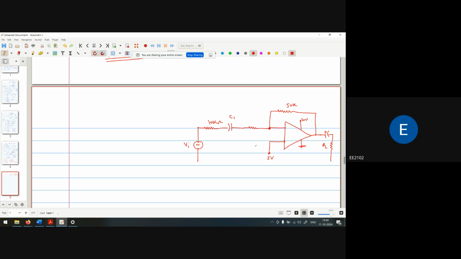Okay, so if this is a 5 volt positive terminal, then this particular voltage is also 5 volt.